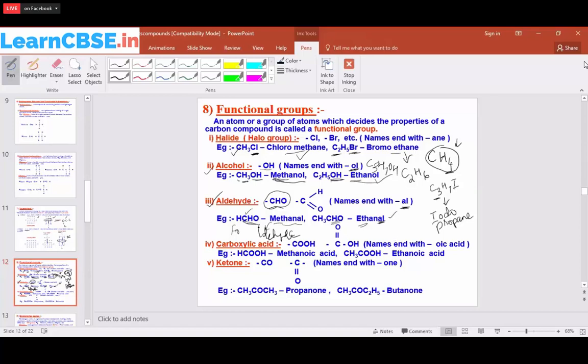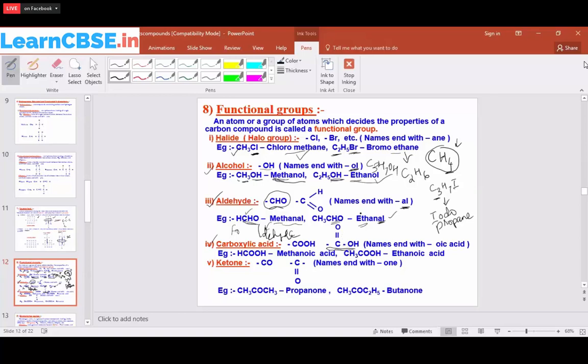The next functional group is the carboxylic acid. Carboxylic acid is COOH. This is the complete structural formula for the acid. C makes a double bond with one oxygen, a single bond with another oxygen, and that oxygen makes a single bond with hydrogen.